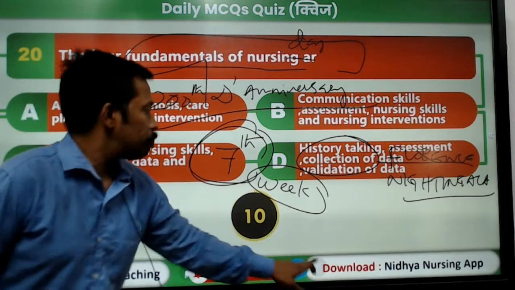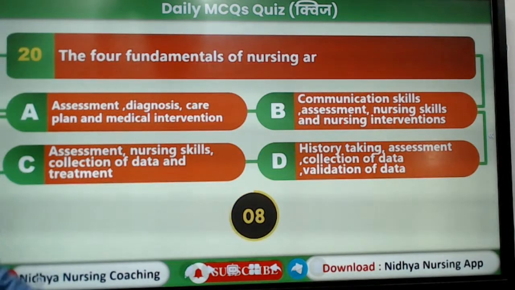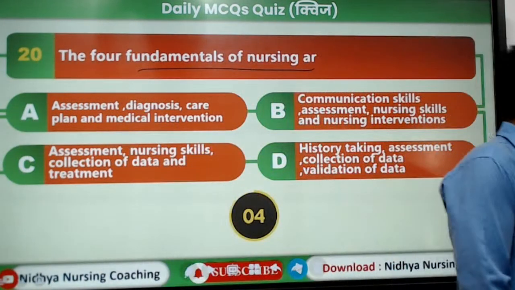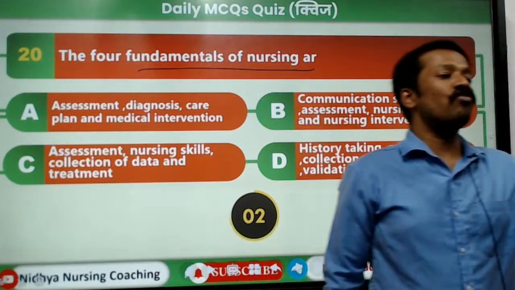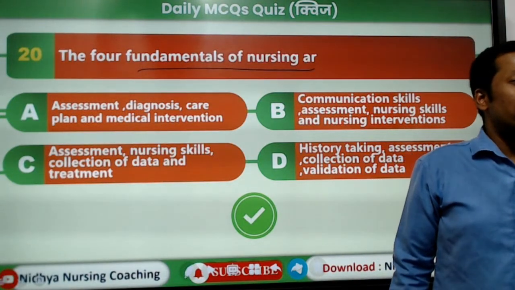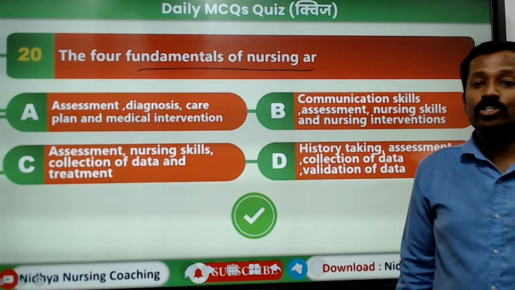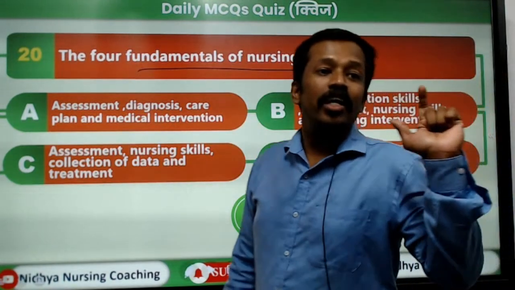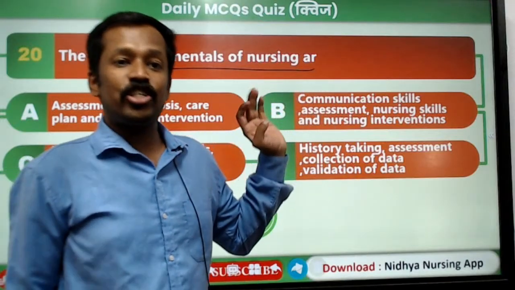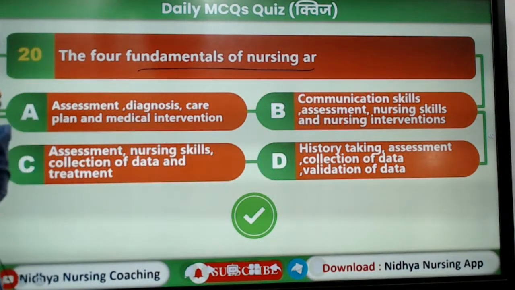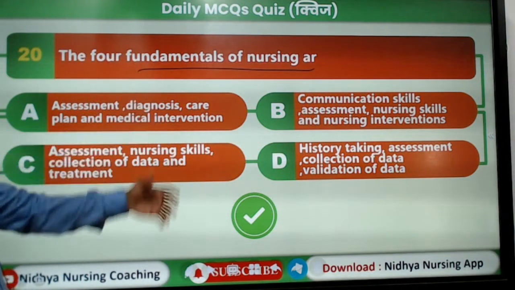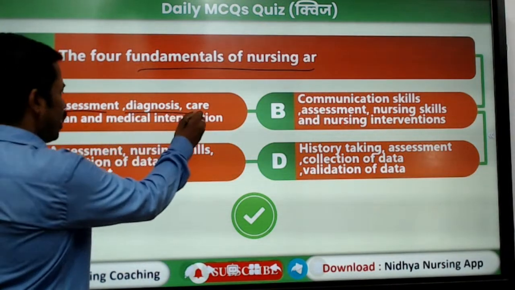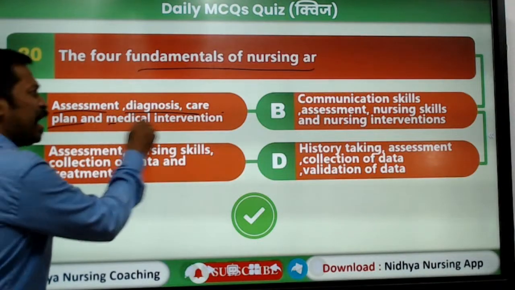Next one. What are the four fundamentals of nursing care? Assessment, diagnosis, planning, implementation, evaluation, isn't it? There are five. So the options are: assessment, diagnosis, care plan, medical intervention.